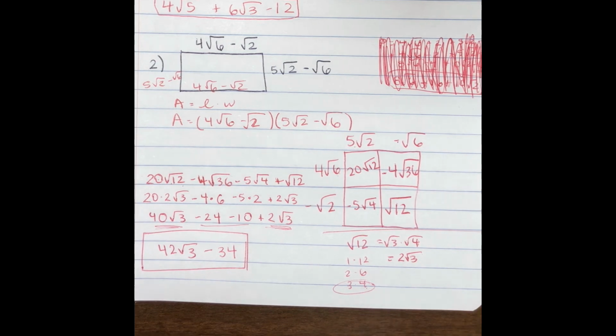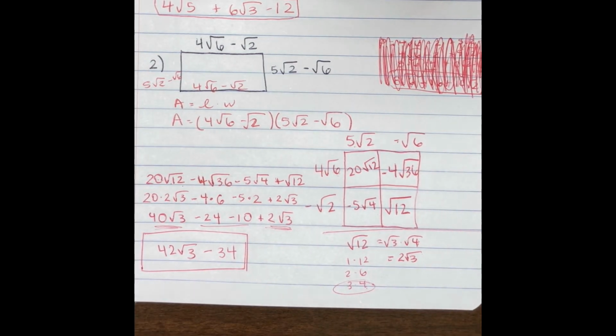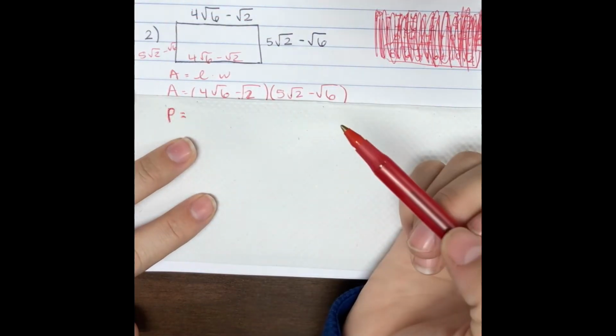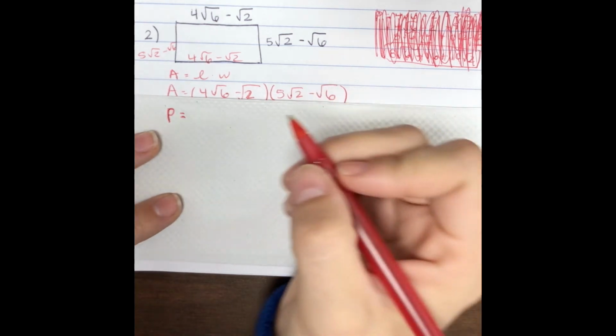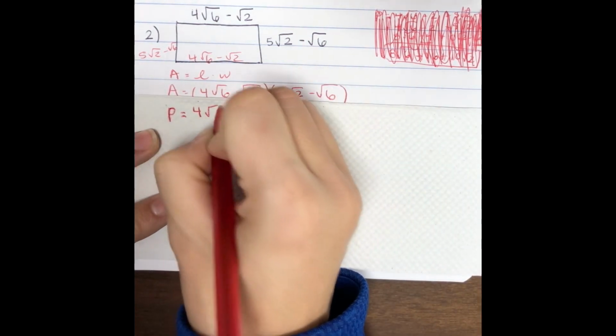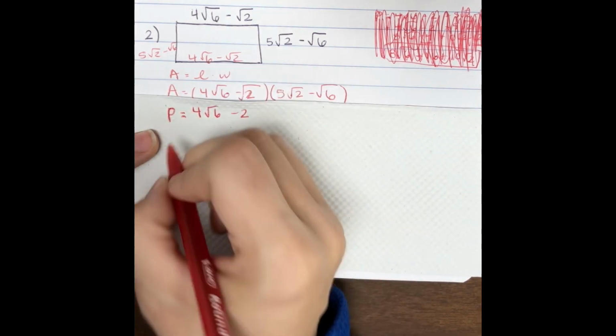Now we want to do perimeter. I had written it wrong here, I gotta redo it. All right, so for perimeter, you're just adding up opposite sides, or you're adding up all 4 sides. So we get 4 square root of 6 minus square root of 2, and we know that would combine with its opposite side.